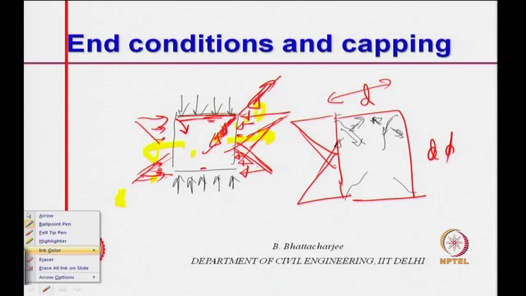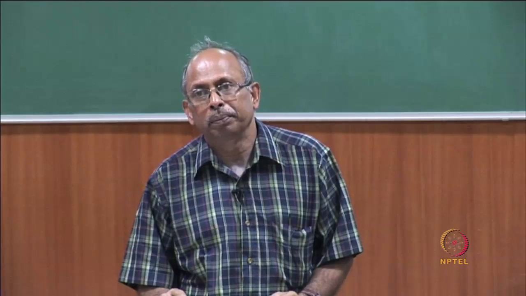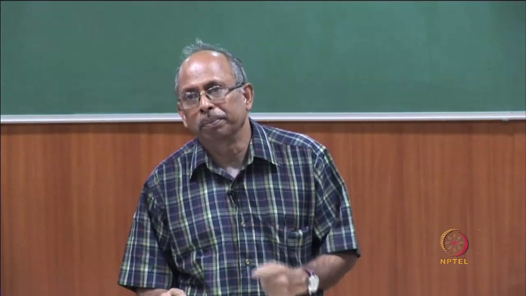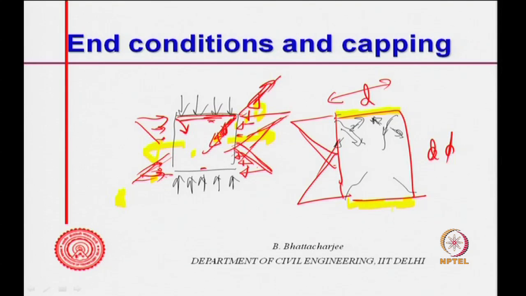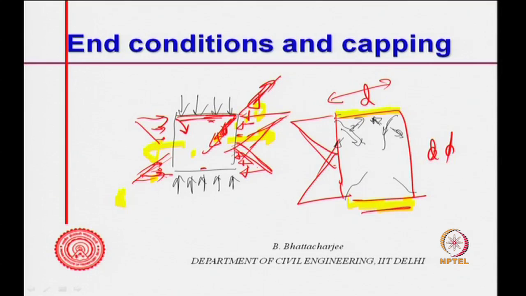Now, supposing I put some material here, I may put some capping material here. Now, the machine plate is not in direct contact with the specimen. The friction is now between the capping and the machine plate, your load is coming from here and the friction is somewhere here.